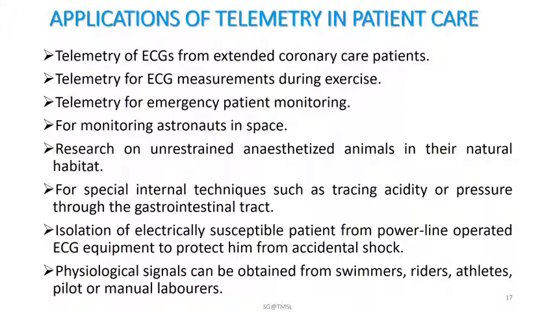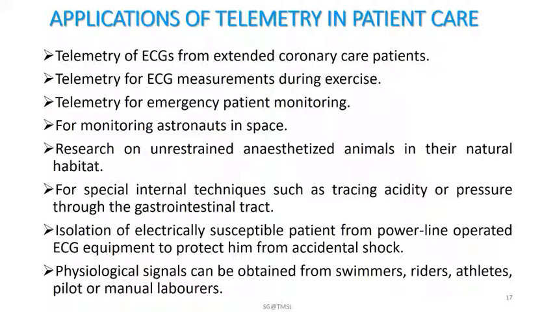The transmitter unit that can be used for this purpose is similar to that of the extended coronary care, and the receiver and other equipment for conditioning and displaying the signal received from the exercising patient are located very near the patient.